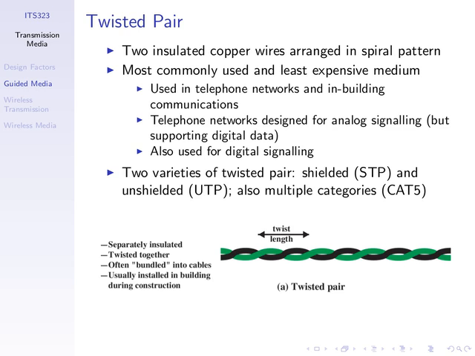And in the old times, the links between telephone exchanges across a country were using twisted pair, but nowadays they're upgraded to optical fibre in most cases. So telephone networks and almost all in-building networks. Our telephone lines in this building and our computer network in this building is using twisted pair.